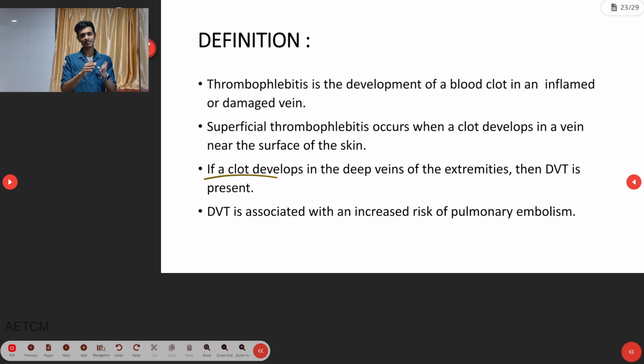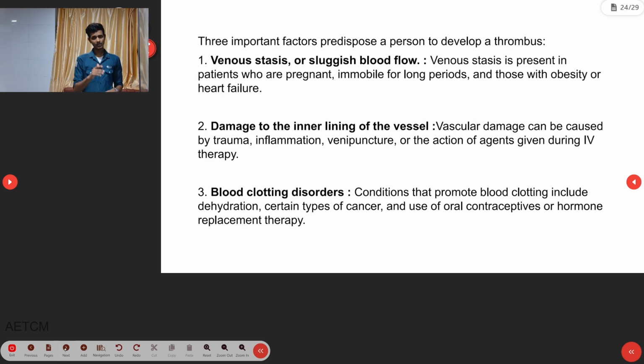The other entity is the superficial vein, so there is superficial and deep. Superficial thrombophlebitis occurs in the veins near the surface of the skin. The major important complication in DVT is pulmonary embolism.